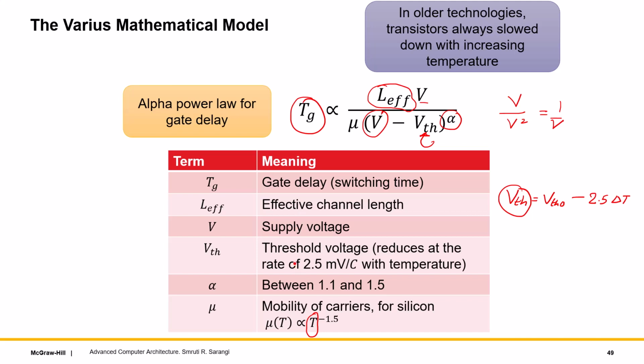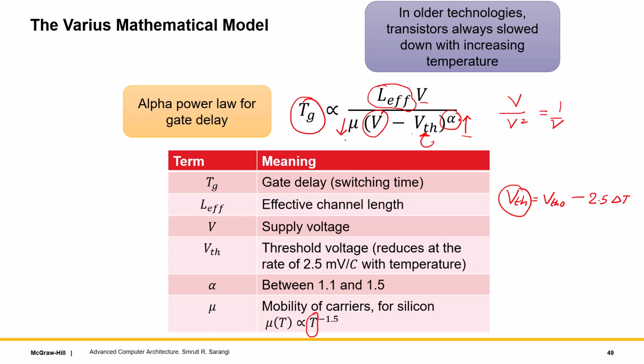So what happens is that with higher temperature, the mobility goes down, and the VTH goes down, but because VTH goes down, V minus VTH goes up. So this factor over here goes up. So essentially there are two opposing factors, the mobility going down and (V minus VTH) to the power alpha going up, because alpha is between 1.1 and 1.5.